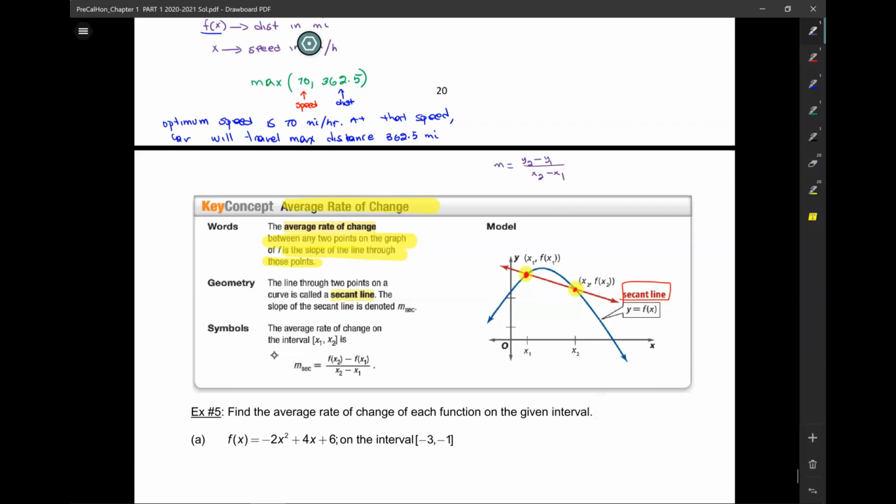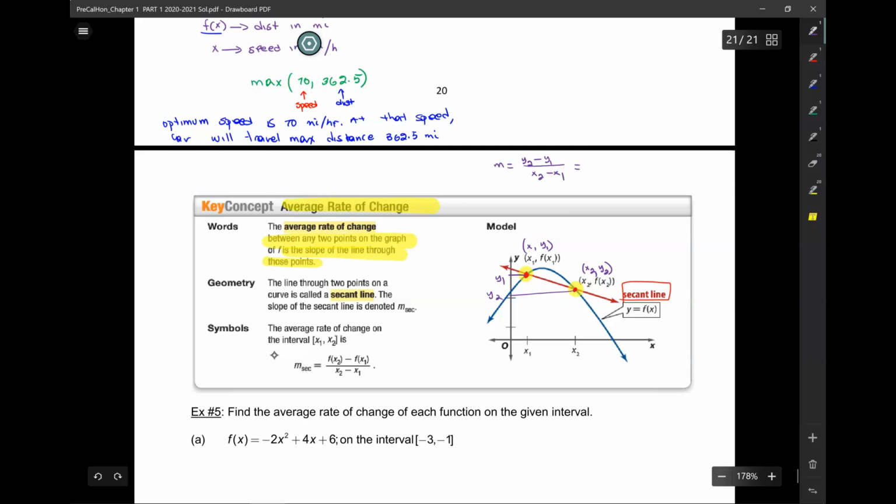So if this is y2, and we'll call that y1, sorry, I'll be consistent with the book. So if this was x1, y1, and this was x2, y2, well, what's our brand new notation for y? It's f of x. So instead of x, y, we call it x, f of x.